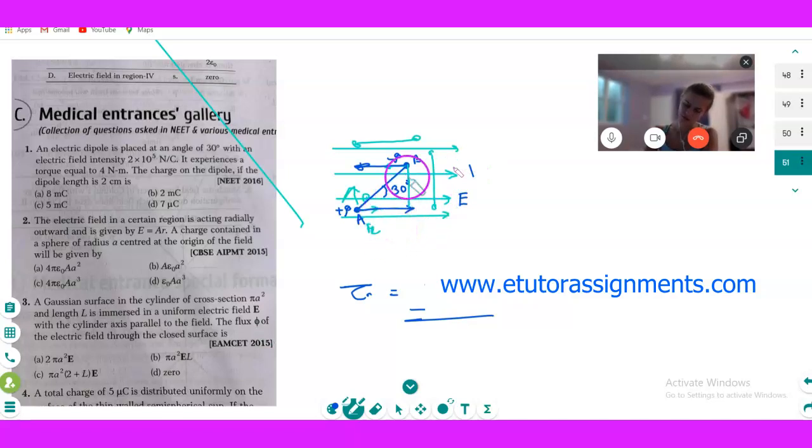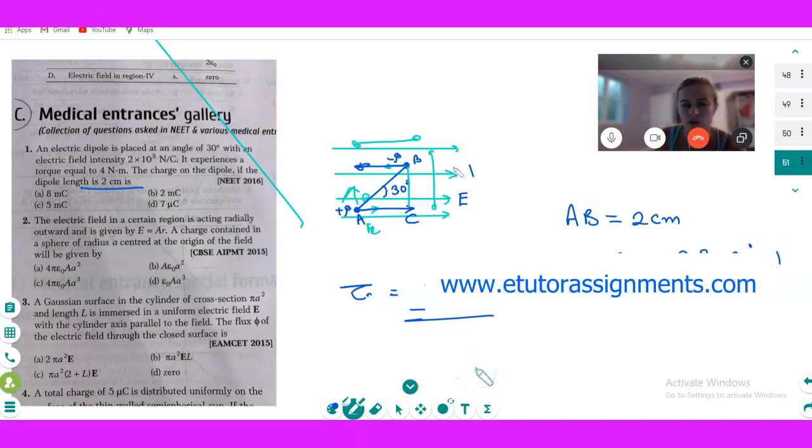AB, the dipole length, is given as 2 centimeters. Name the point C. So BC is equal to 2 sine 30, which is 1 centimeter.